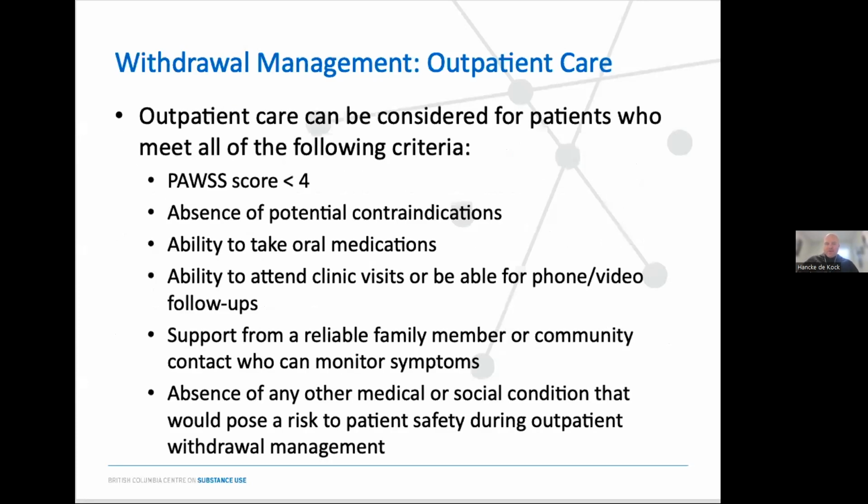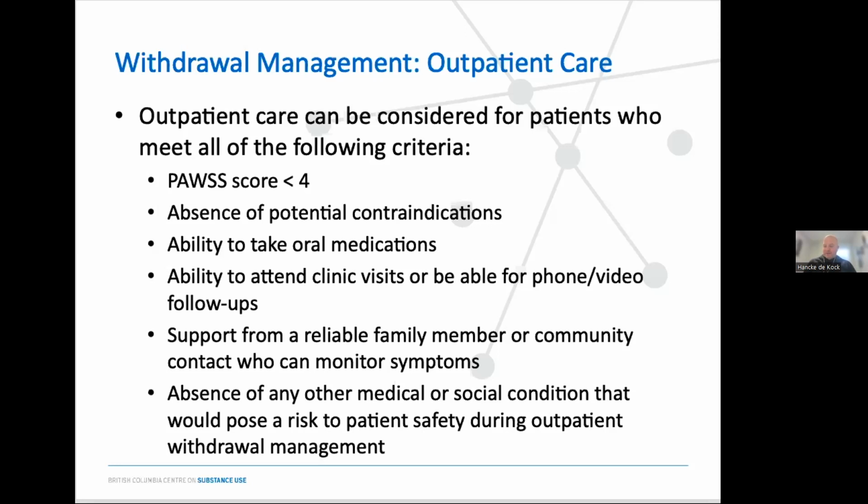So as we're talking about the criteria for outpatient management, as I said, a PAUSE of less than 4. And then the contraindications: severe comorbidities, acute confusion, acute illness or infection requiring medical intervention, co-occurring serious psychiatric symptoms, pregnancy.